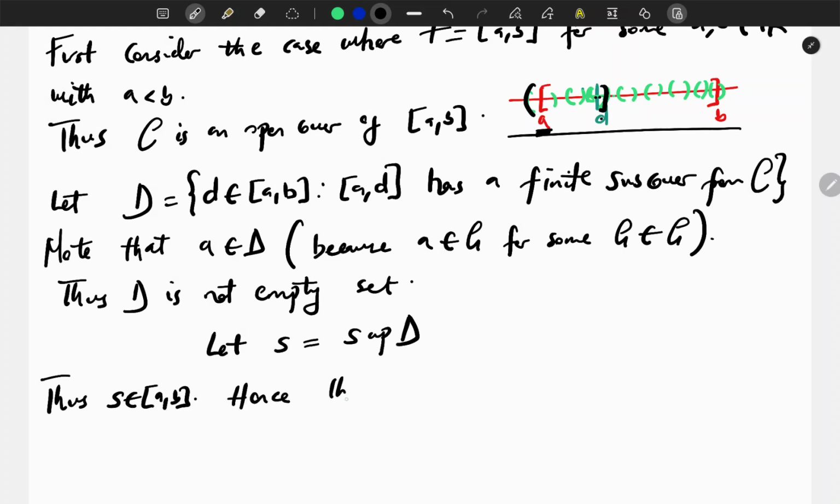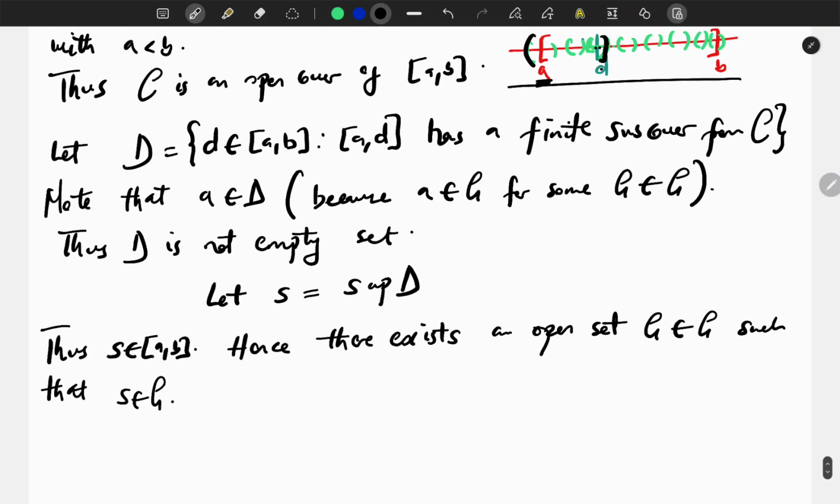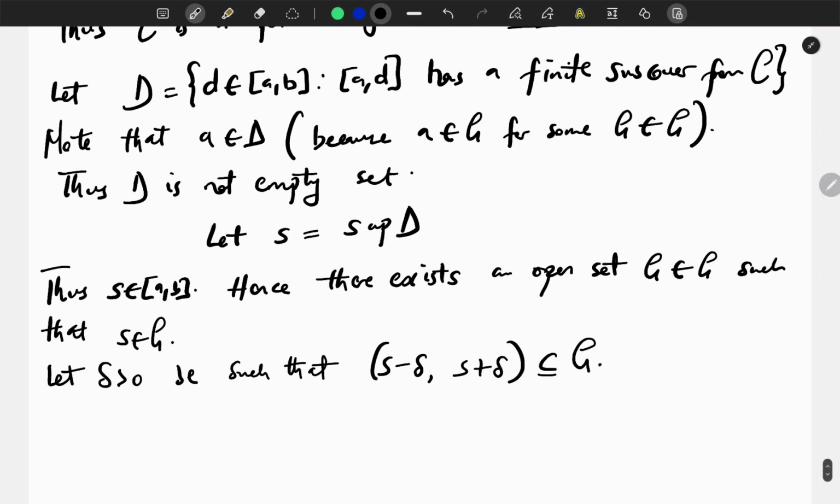Hence there exists an open set G that belongs to C such that x belongs to G. So for that open set G, we can find a small delta such that (x − delta, x + delta) is still a subset of G, because that's the definition of an open set.